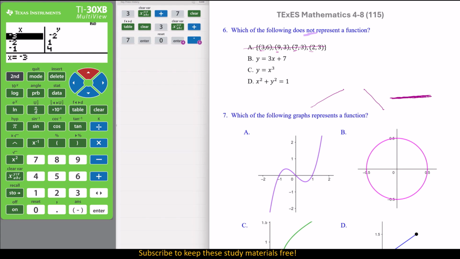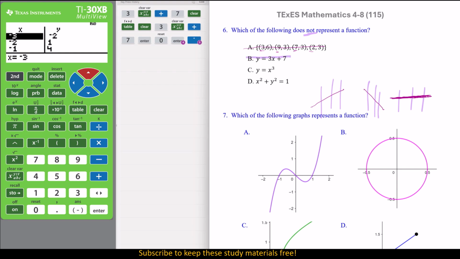No matter what, that's a function because if I draw like this, I only hit the line once. Okay? Since it is a solid defined y equals mx plus b form, all of those in the y-intercept form, they're all functions. So that we need to mark out.